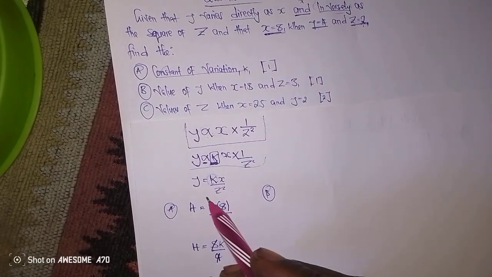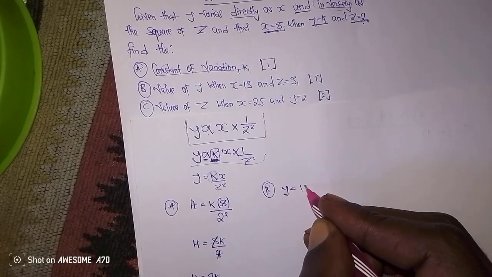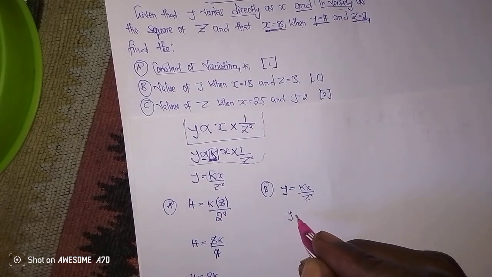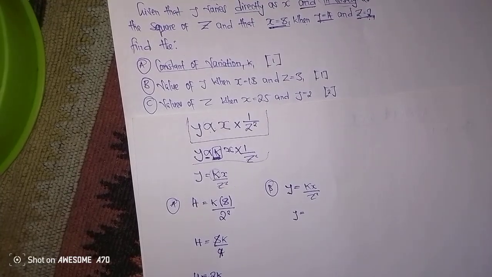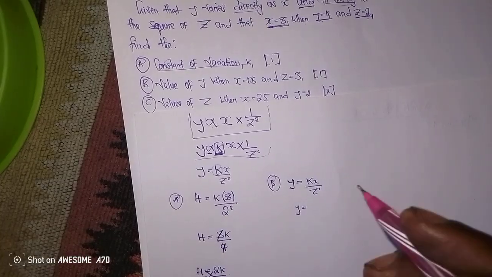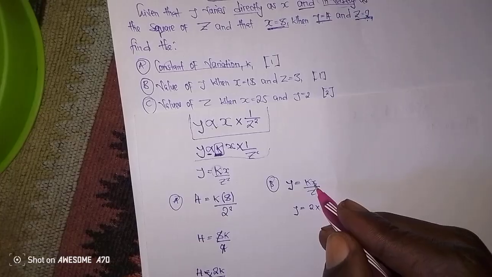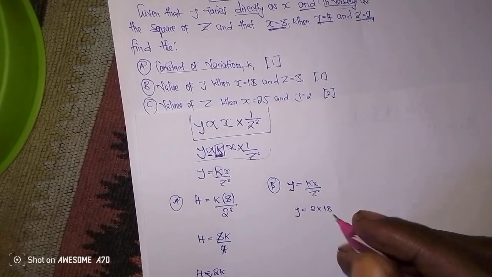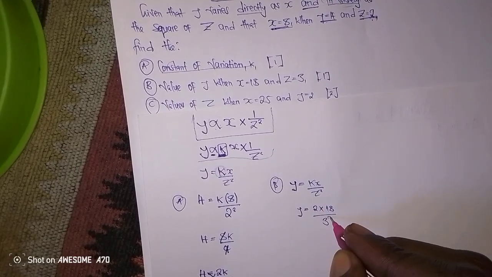So you now bring the same equation that you made there. Y is equal to kx over z squared. So y is equal to, remember you are finding the value of y, and they've given you the changes that happened in x. So we have our k to be 2 multiplied by our x we are given in the question, which is 18 over z squared, we are given to be 3 squared.